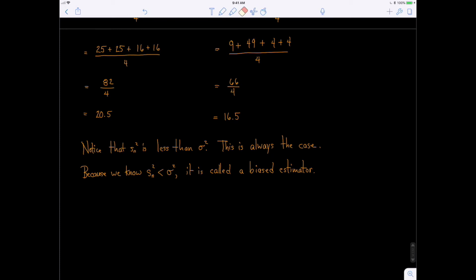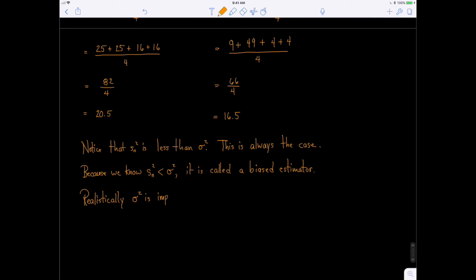Oh, but before I say that, because there's actually a problem here. Notice this. Realistically, sigma squared is impossible to calculate, because it's based on mu, which is impossible to know.